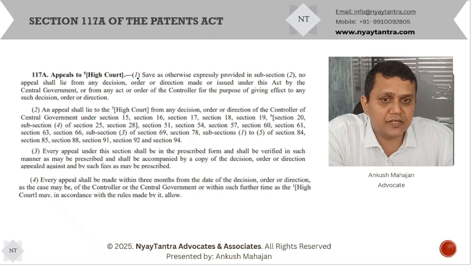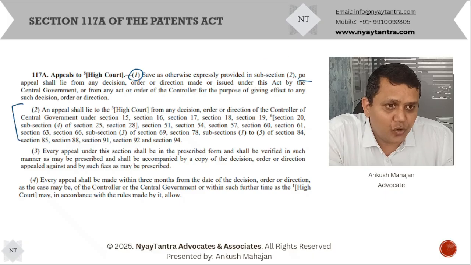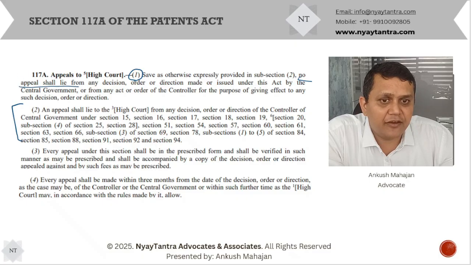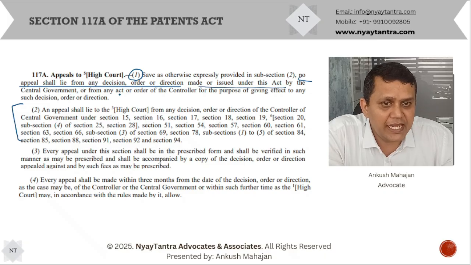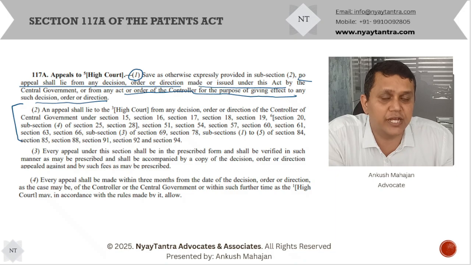So what does section 117A disclose? Subsection 1 discloses: save as otherwise expressly provided in subsection 2, no appeal shall lie from any decision, order or direction made or issued under this Act by the Central Government, or from any act or order of the Controller for the purpose of giving effect to any such decision, order or direction.